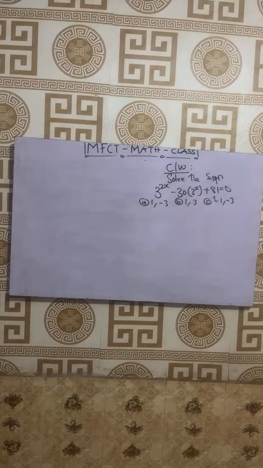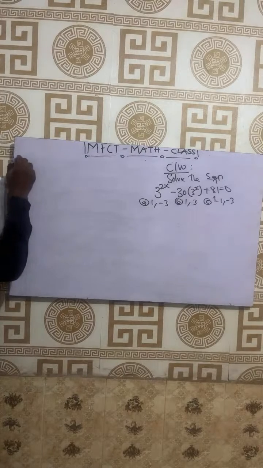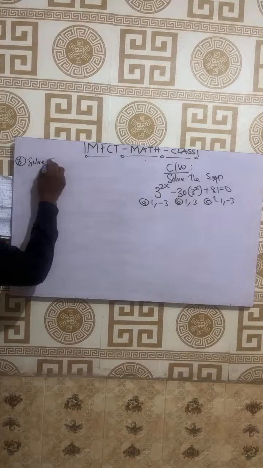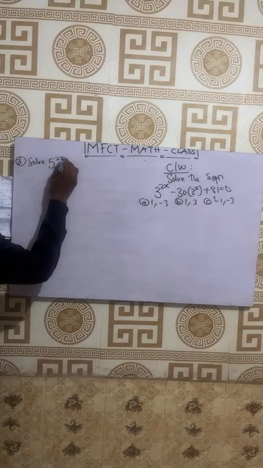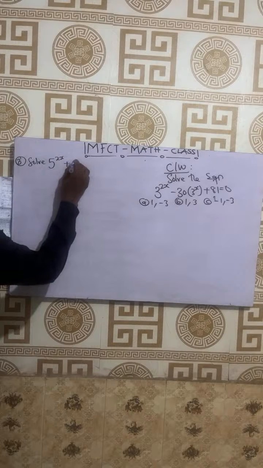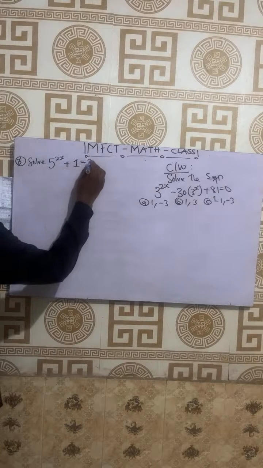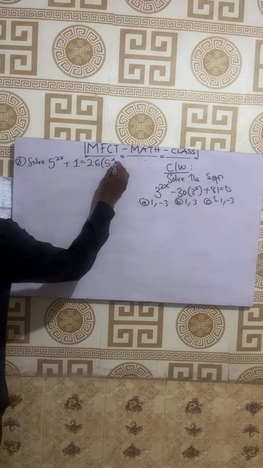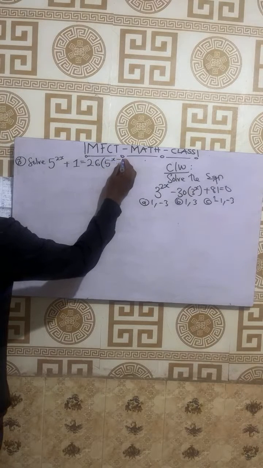Let me write the next question on the board. You only have 1 minute for this classwork. So we are going to be treating this now. Question number 3. Solve 5 raised to power 2x plus 1 equals 26, 5 raised to power x minus 1.